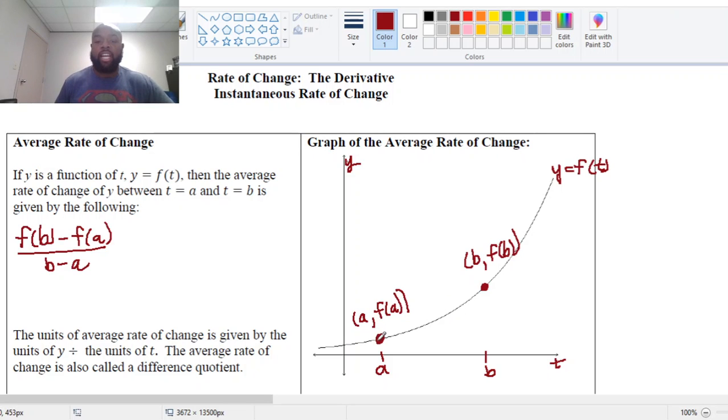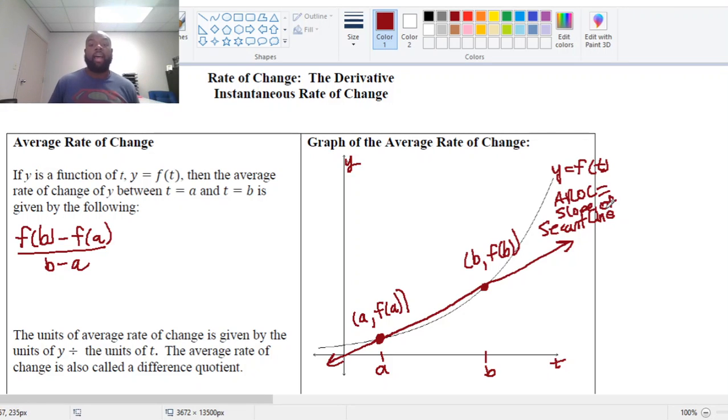Then the average rate of change is the slope of the line that passes through those points. And remember, we call this line a secant line. So your average rate of change equals the slope of this secant line here.